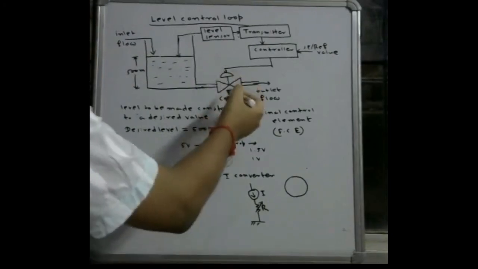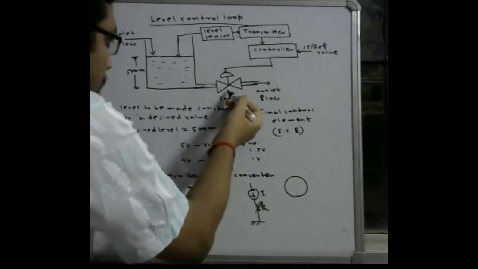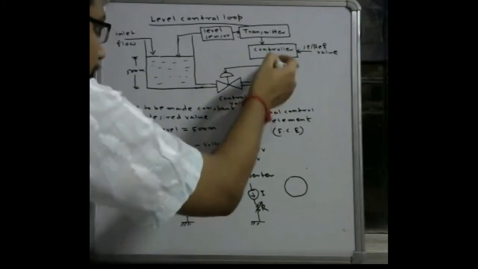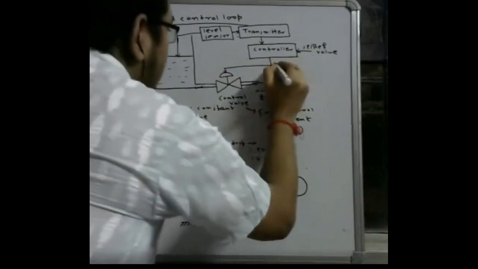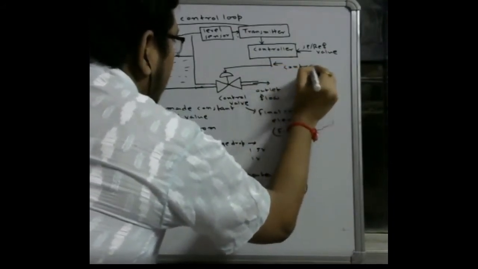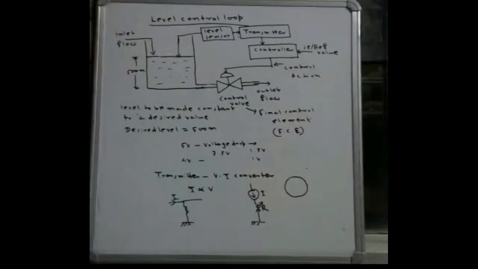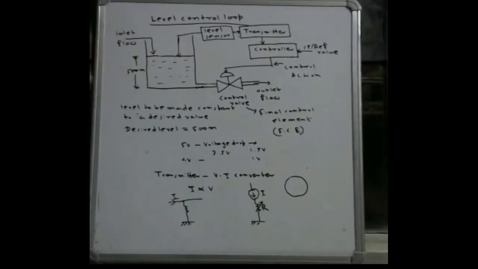Now again there will be a linear relationship between the opening of the control valve and this control action. This one is called the control action or control signal. So if the control action is increased, then opening of the control valve will be increased, and if the control action is decreased, then opening of the control valve is decreased.